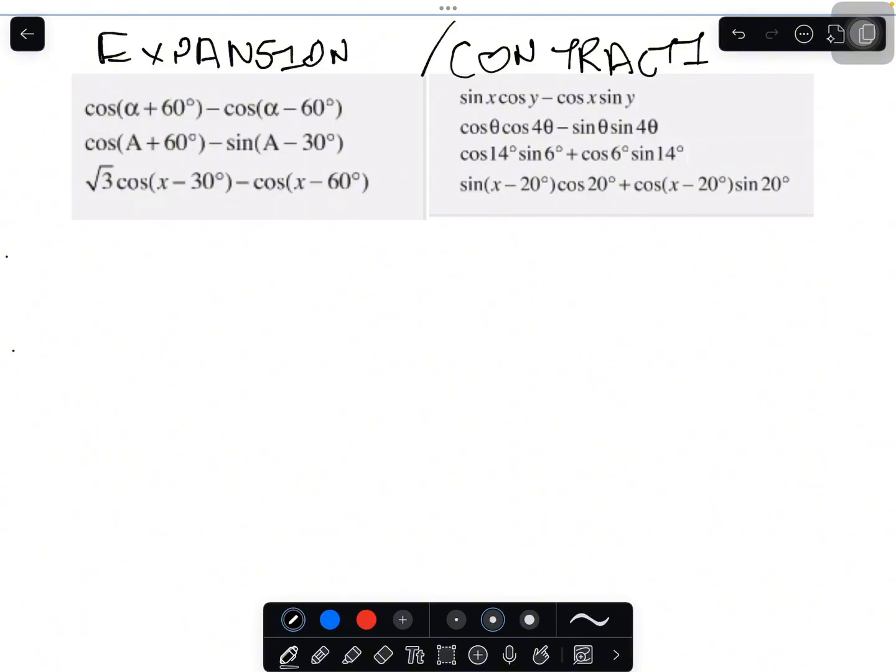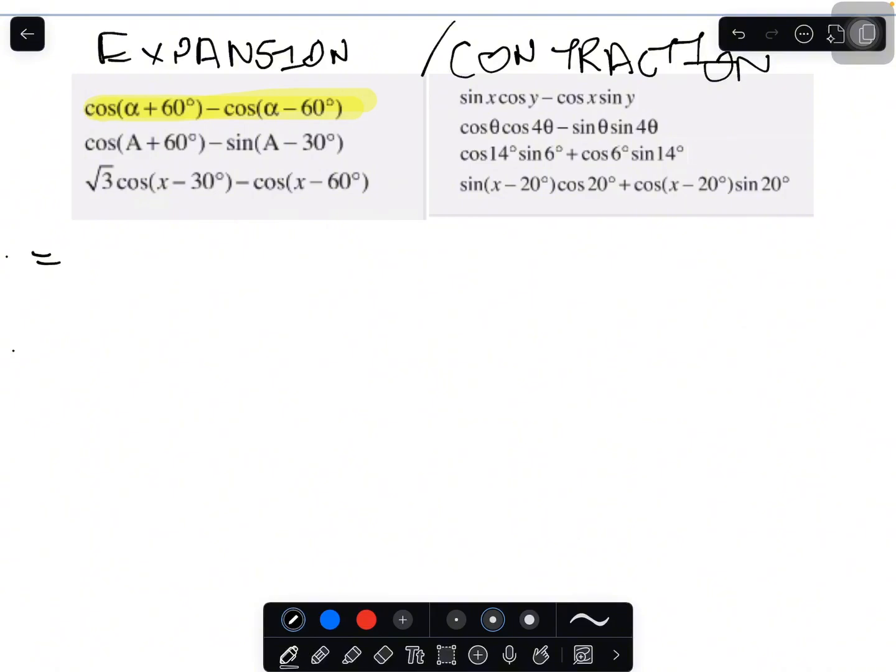You got to be able to do both in this section. So we go in and look at this first one, where we have cos A plus 60 minus cos A minus 60. So we're going to put our equals.